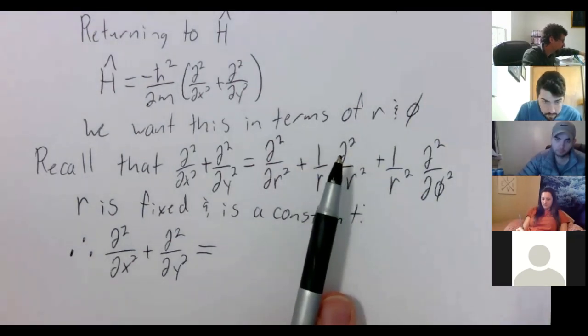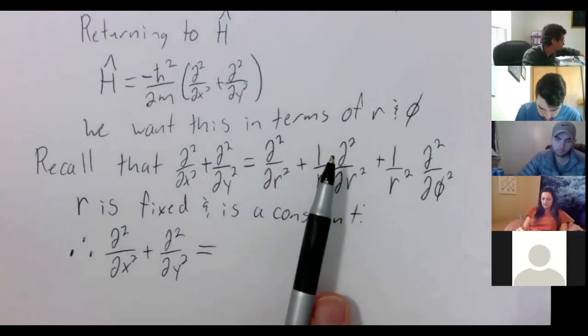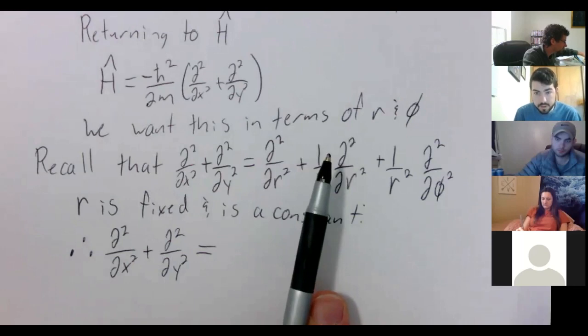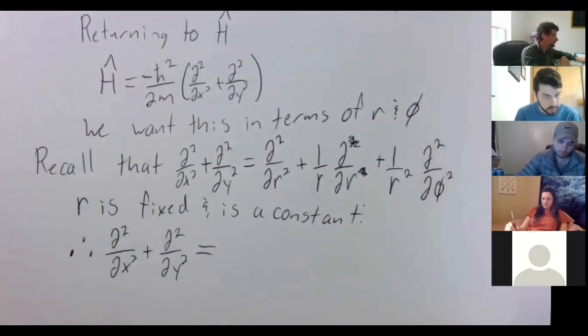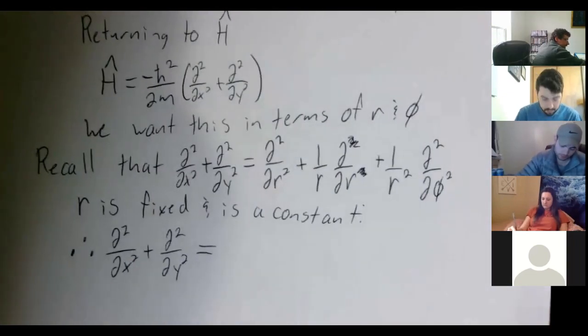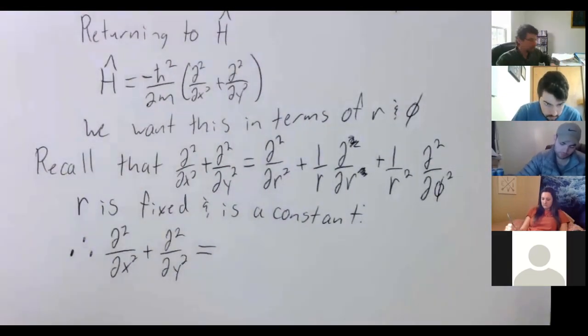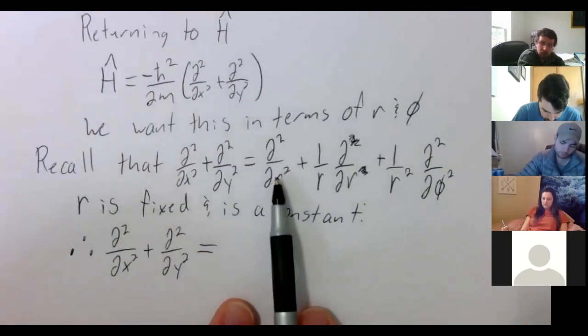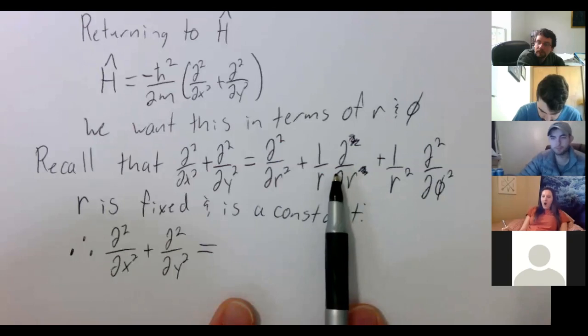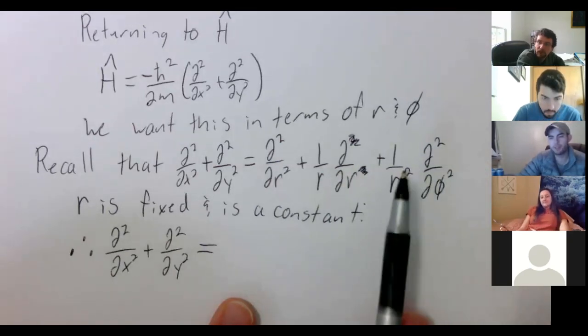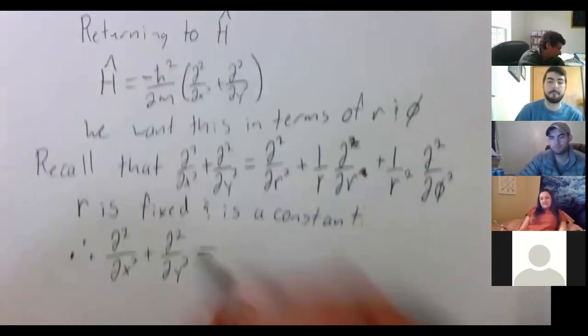Can I get a squared or just 1? It's just d over dr. There shouldn't be a squared there. Yep, so this term is 0. What happens to this term? Drops out. So it'll be 0, and we're just left over with that guy, right?